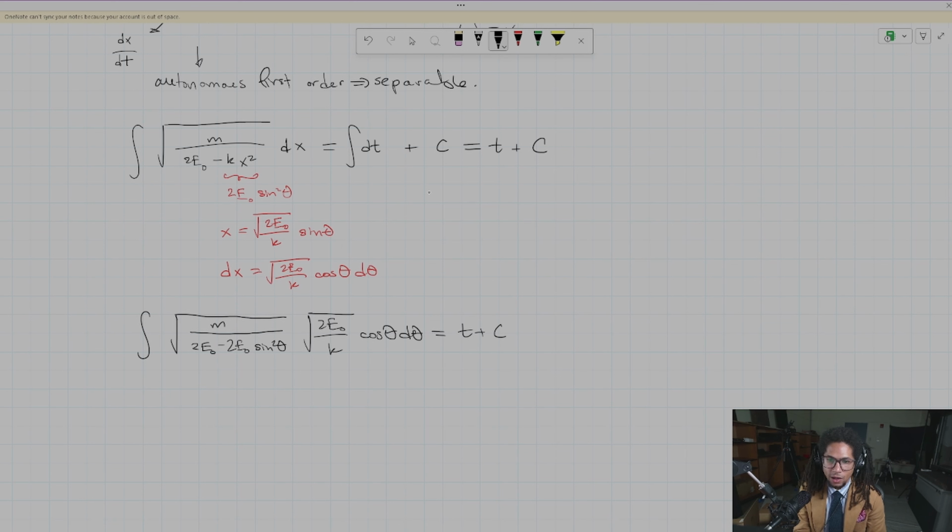Good. Now I need to use my Pythagorean identity. This denominator here is equal to 2E naught times 1 minus sine squared theta, but that's equal to 2E naught times cos squared theta.